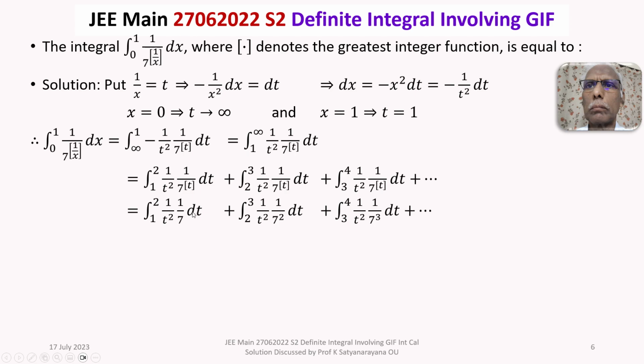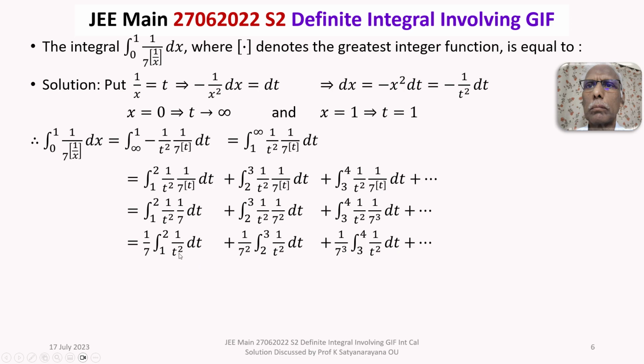Now these constants, 1 by 7 square, 1 by 7 cube, we will take out. 1 by 7 into integral 1 to 2 of 1 by t square dt, plus 1 by 7 square integral 2 to 3 of 1 by t square dt, plus 1 by 7 cube integral 3 to 4 of 1 by t square dt.